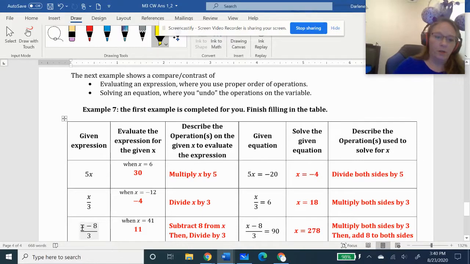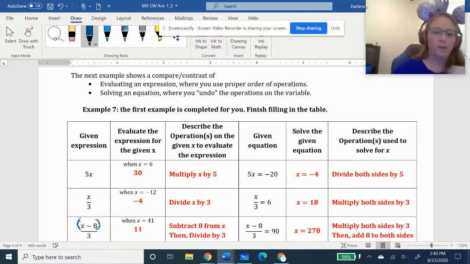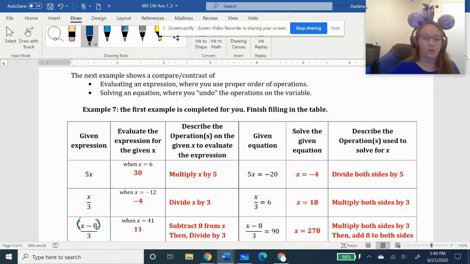Now, I want to point out that with this order of operations and this division sign, there's actually an understood parentheses that people don't always talk about. So you have your understood parentheses. That means that you do the parentheses first. So you first subtract 8 from x, then you divide by 3.